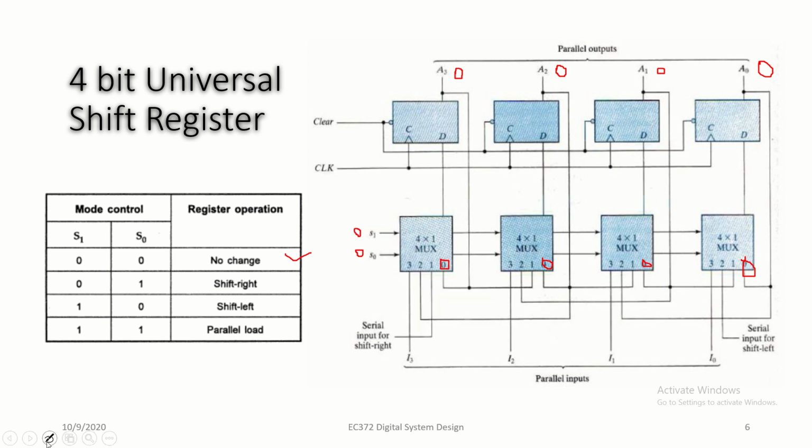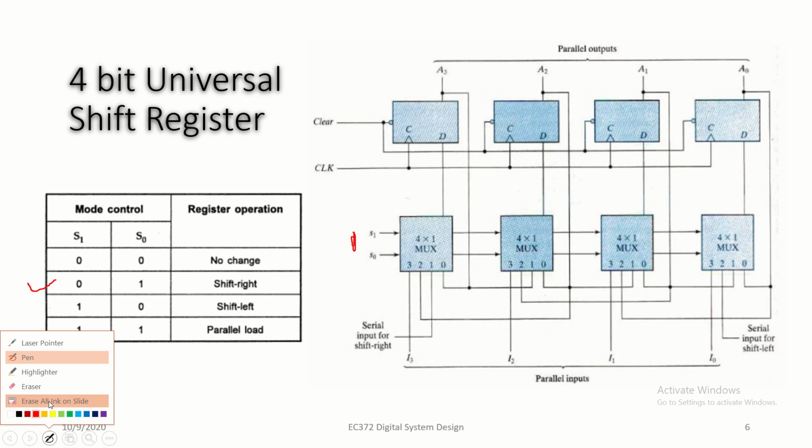Now next we'll see 01. When we perform the 01 operation, S1 is 0 and S0 is 1.